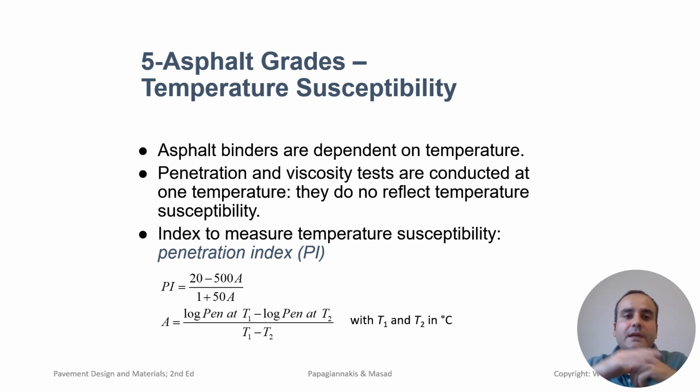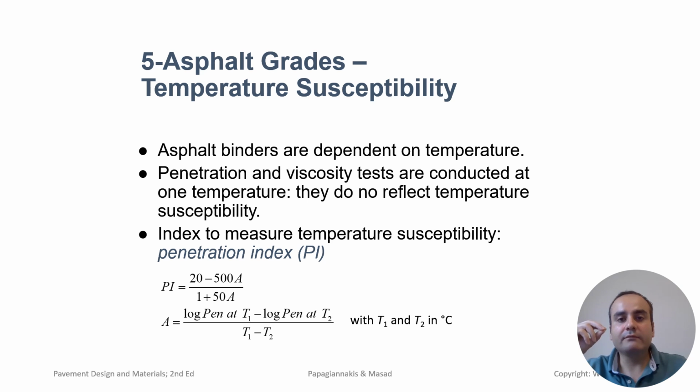There are different factors that affect the temperature susceptibility of asphalt binders. For example, the first one is the asphalt composition. The molecular structure of the asphalt binder, including the presence of asphaltenes, resins, and maltenes, determines how sensitive the binder is to temperature changes.